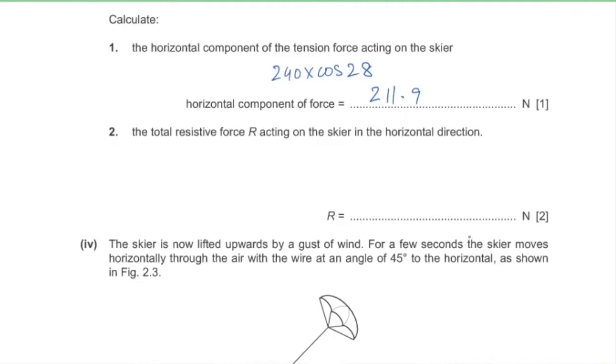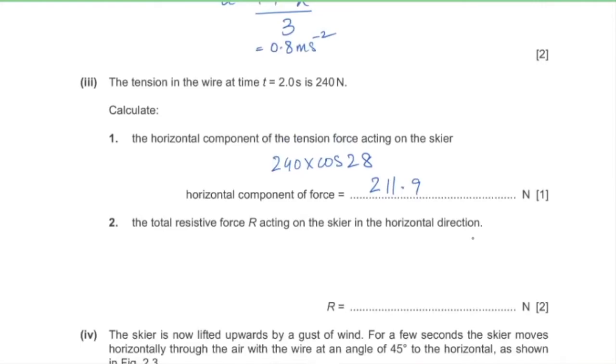The total resistive force acting on the skier in the horizontal direction. So we have the acceleration at time t equals 2 seconds, and the force that drives that man forward, and that's tension's horizontal component, that is 240 into cos 28. Resistive force R must act towards his left, as friction always acts against the motion, and his motion is towards the right.